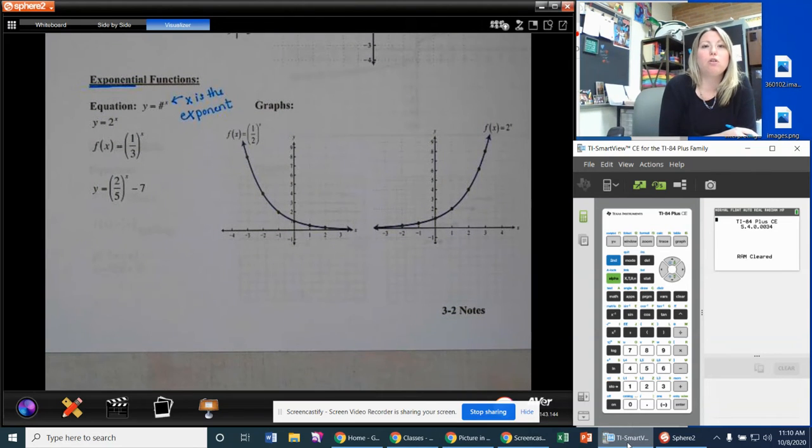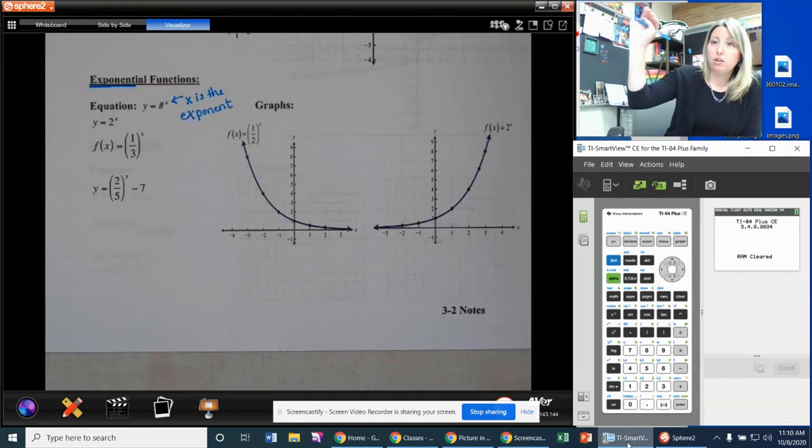So x is what changes. The exponent is what changes in an exponential function. Exponential functions are really cool, and we'll have a whole chapter on them, chapter 12. But what's really cool about an exponential function is that they're extremely rapid increases or extremely rapid decreases.